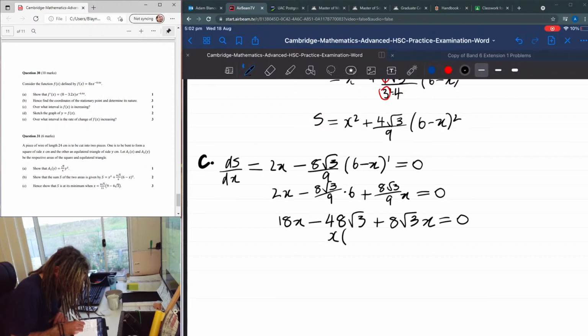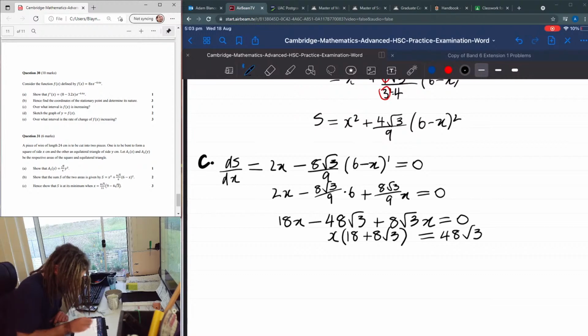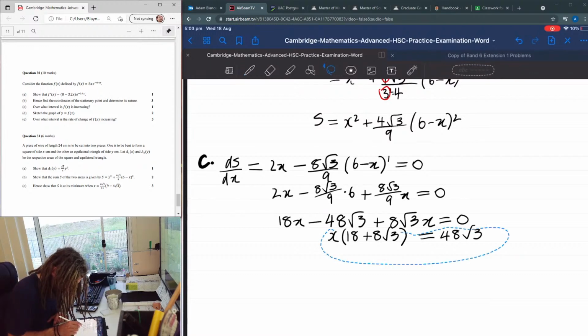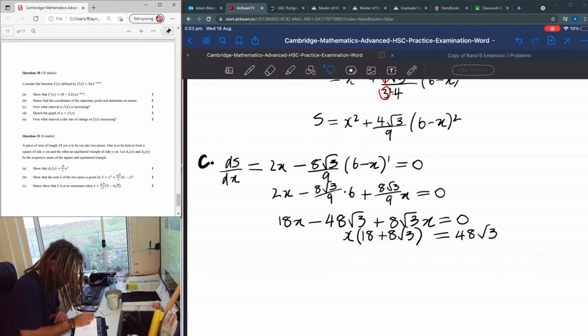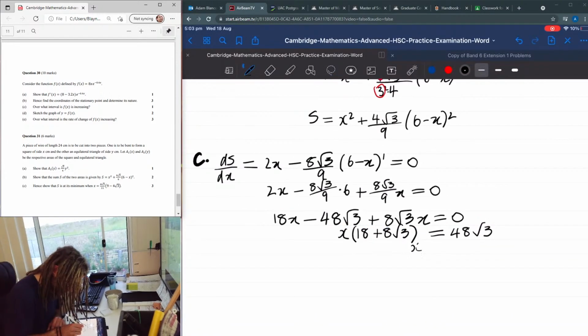Okay, x outside of 18 plus 8 root 3 equals 48 root 3, so move that over. One of my equal signs. Okay, that means x is equal to, oh, I just thought I differentiated that wrong for some reason. 48 root 3 on 18 plus 8 root 3.